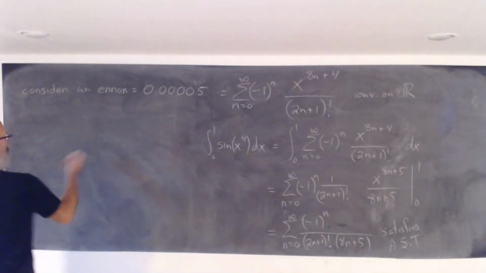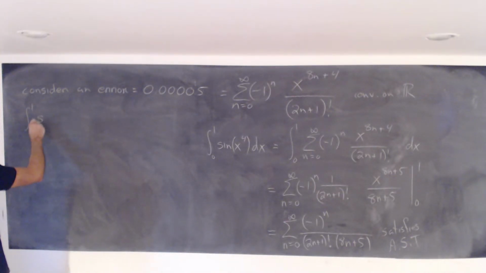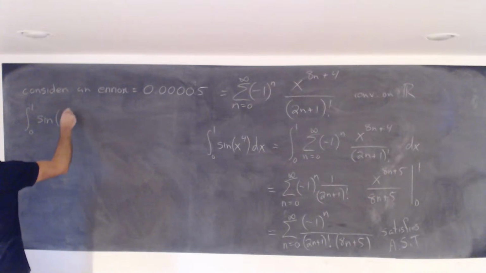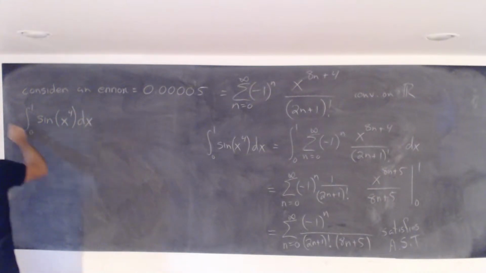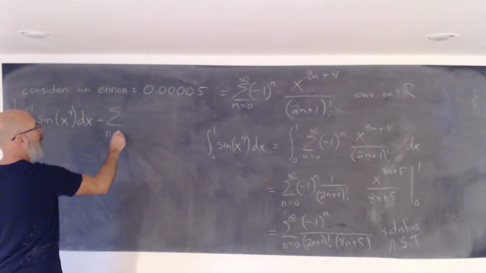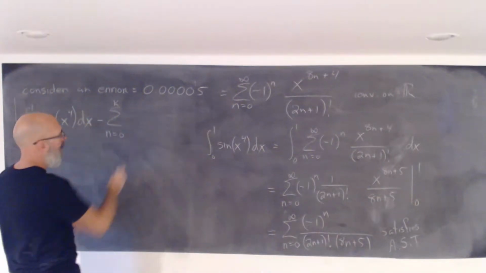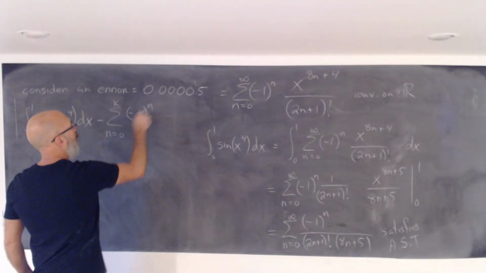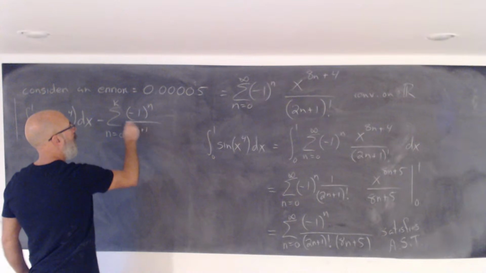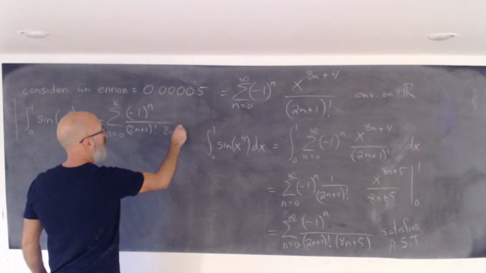So you know that you can add, right, let's say this, this minus the sum from 0 to k times 8n plus 5.